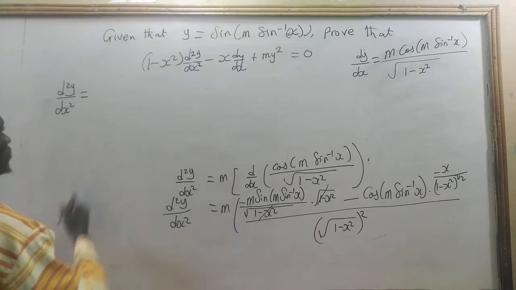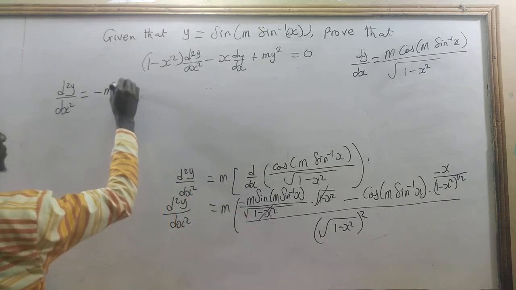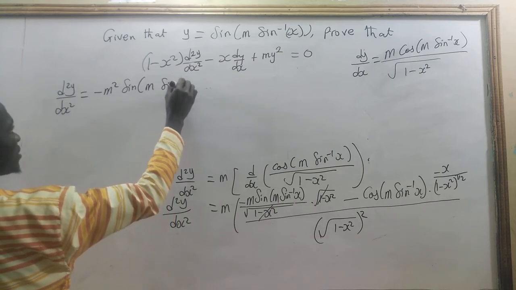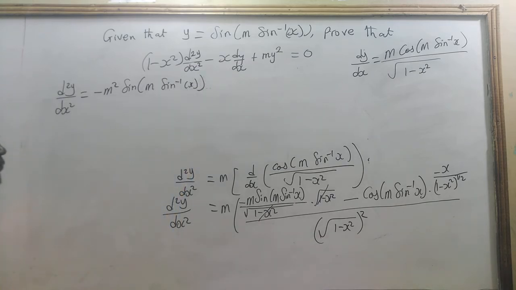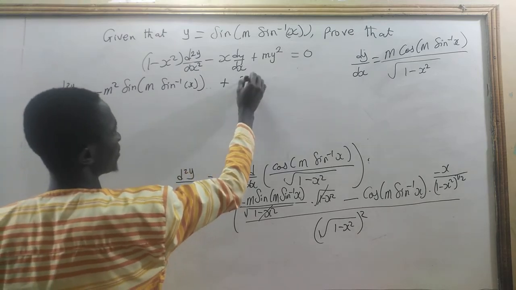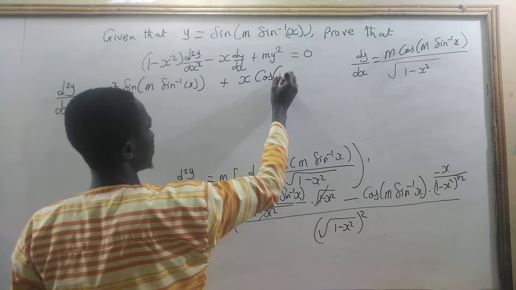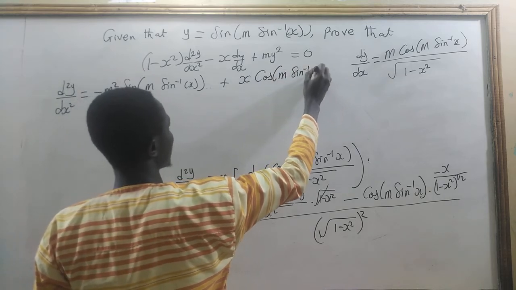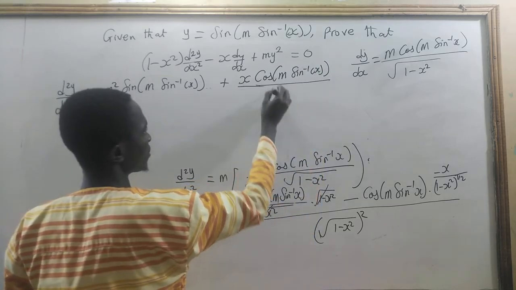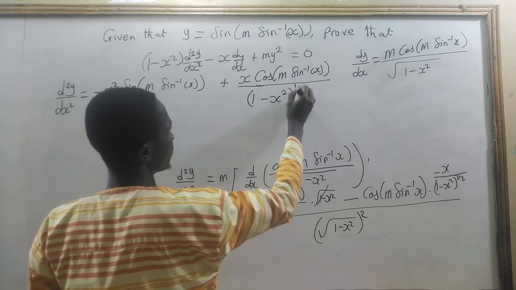So m times m will give me negative m squared sine of m times the inverse sine of x plus x times cosine of m times the inverse sine of x, all divided by 1 minus x squared to the power half.